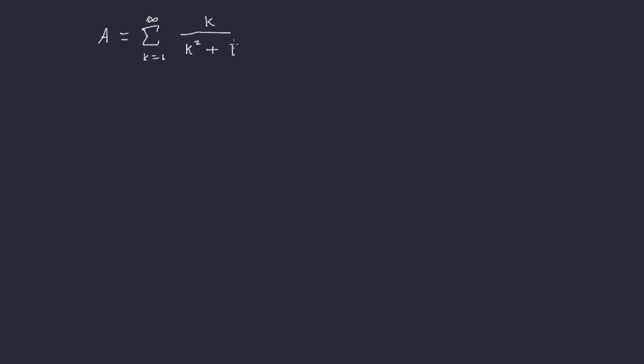Okay, and a quick way to tell if something's decreasing is you can often take the derivative. So if you just say you're looking at x over x squared plus 1, this should be decreasing because this guy goes to infinity, but this goes to infinity much faster.